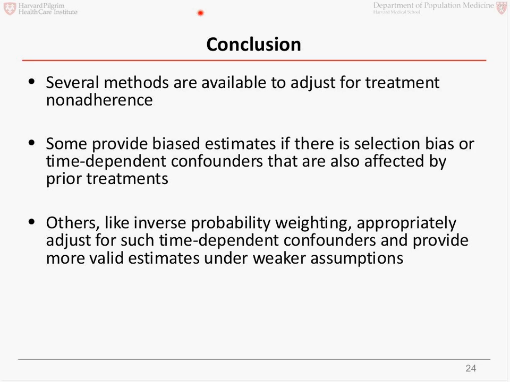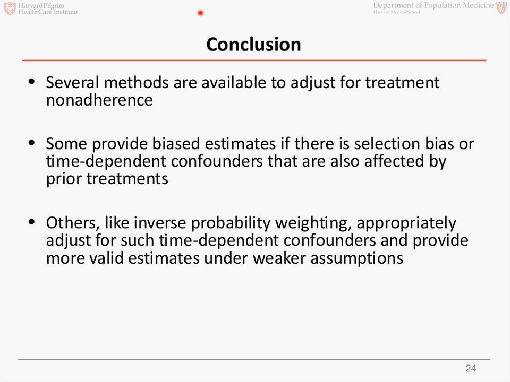There are a number of methods that we can use to adjust for treatment non-adherence. Some provide biased estimates when there is selection bias or when there are time-dependent confounders that are also affected by prior treatments. And there are other methods, like inverse probability weighting, that appropriately adjust for this type of time-dependent confounders and have been shown to provide more valid estimates under generally weaker assumptions.